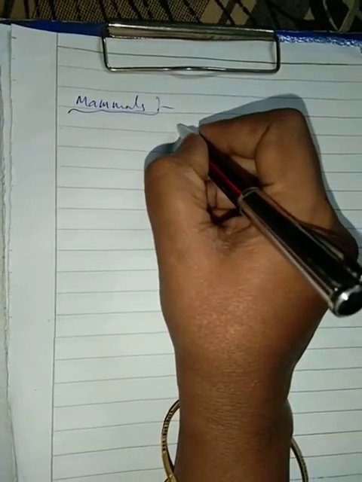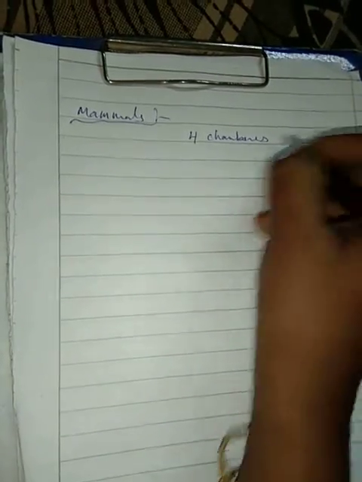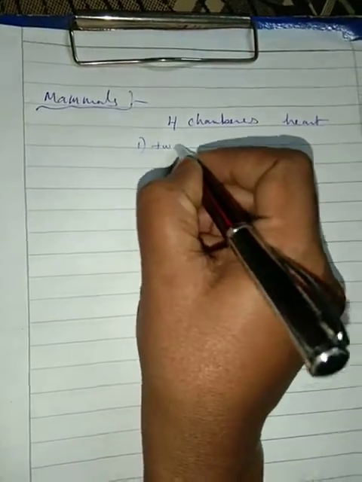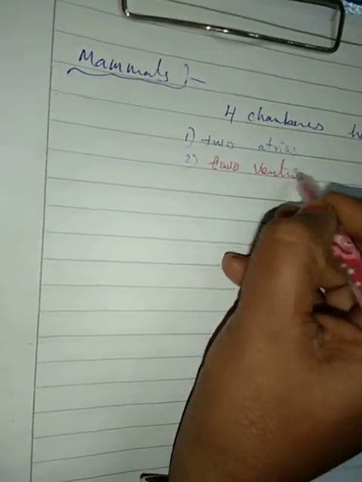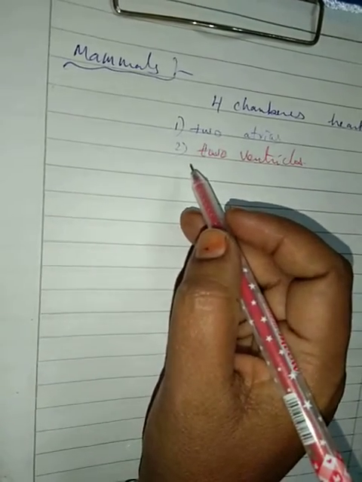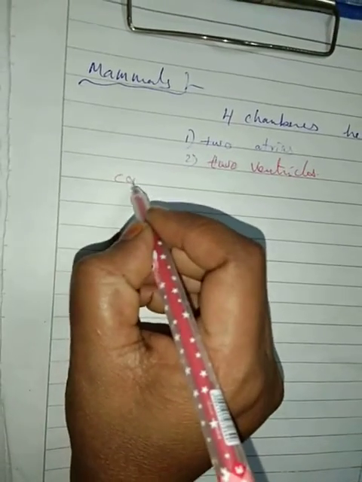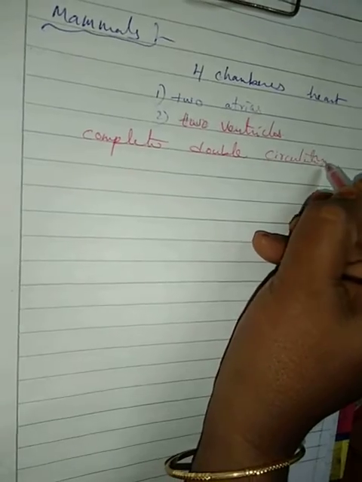Mammals have a completely four-chambered heart, two atria and two ventricles. So it is a complete double circulation.